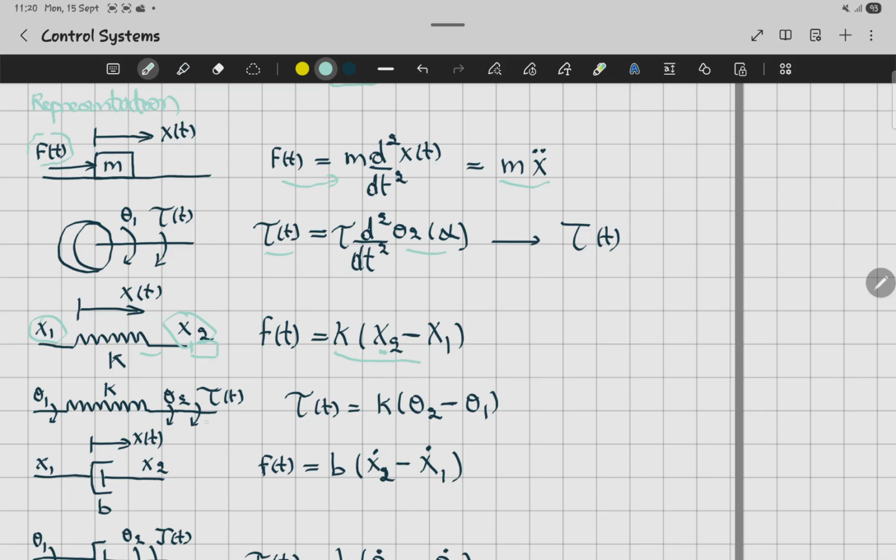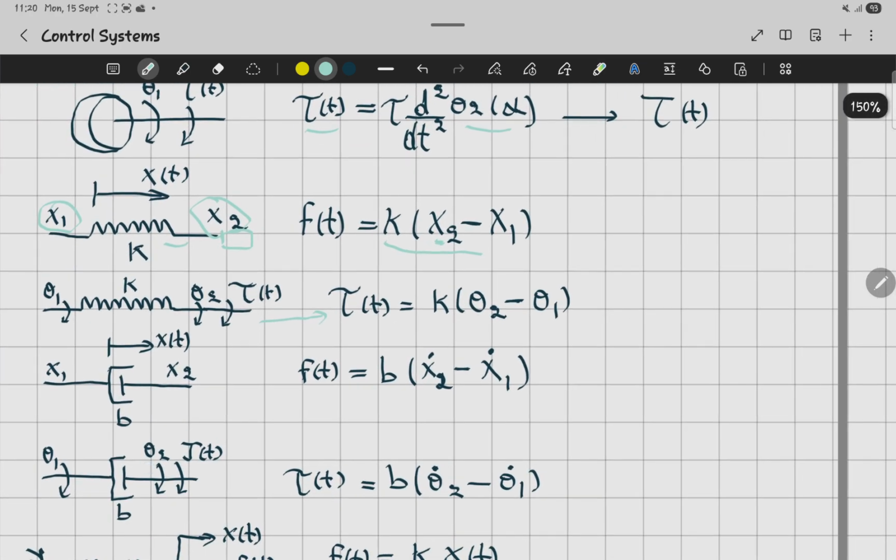Okay, and the same goes for rotation when you work with rotation, maybe θ2 minus θ1. And this one is represented with these formulas.